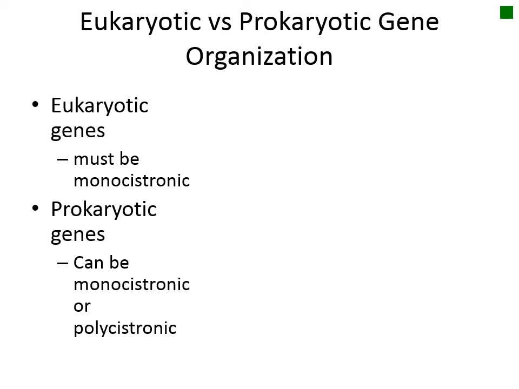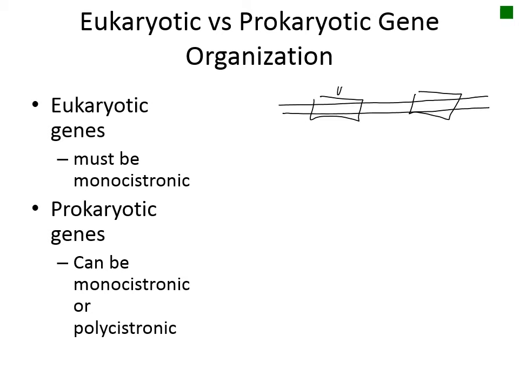The elongation and termination stages of translation are very similar in prokaryotic and eukaryotic cells. However, there's a key difference in how translation is initiated between the two cell types, and that difference allows for different gene organizations. Genes in eukaryotic cells are considered monocistronic. Each gene contains its own promoter region and its own terminator region.